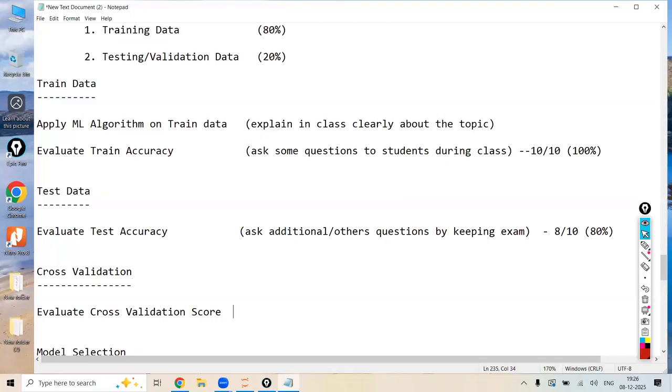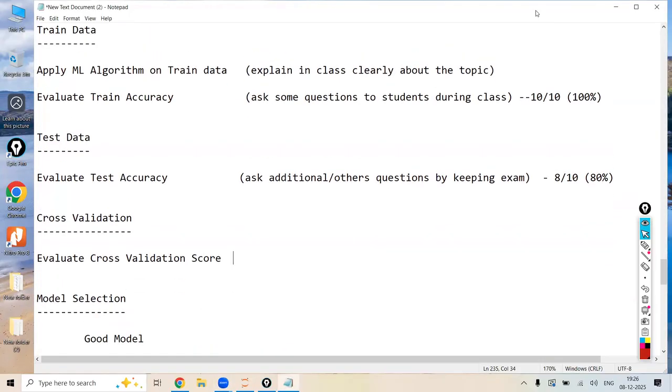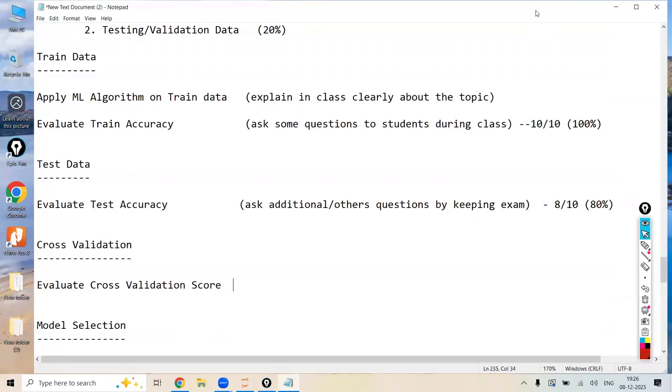In cross validation, we are going to do the cross validation. I mean, cross validation means testing the same model with different data. Here, for example, testing the student with different questions.